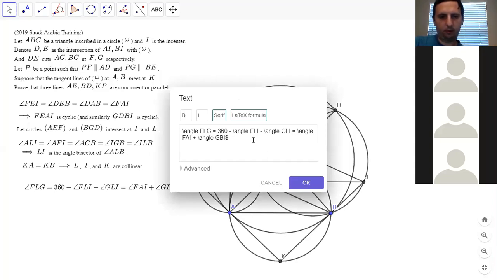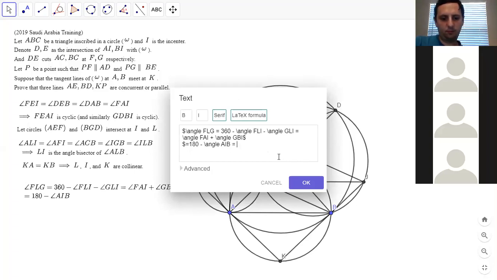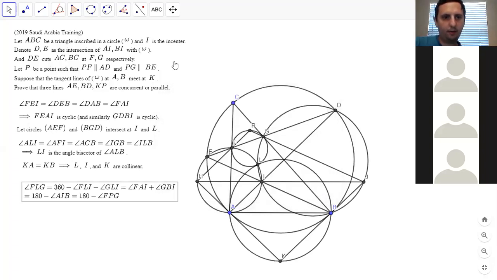Let me just split this into two lines. Which is 180 minus angle FPG. So that means that FPGL is cyclic.